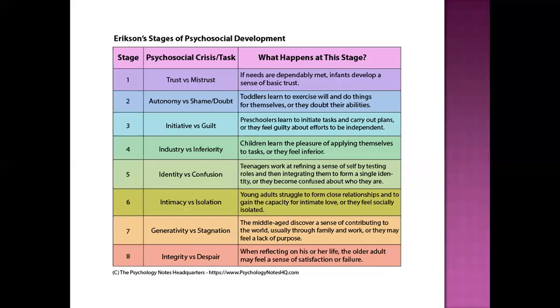There are other stages, other scientists too. There is Erik Erikson's stages. There are 8 stages actually, but we need only up to 5, up to identity versus role confusion, because we are learning about children specifically. Identity versus role confusion is the psychosocial task for adolescents, and there are characteristics about this stage on the right side.